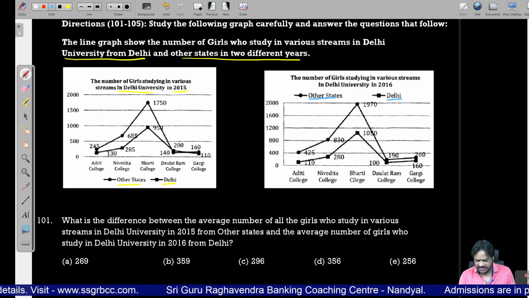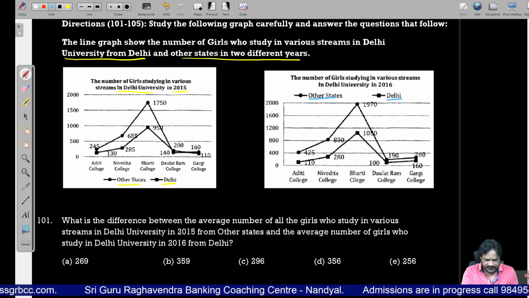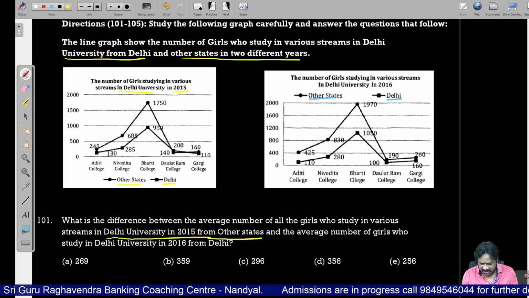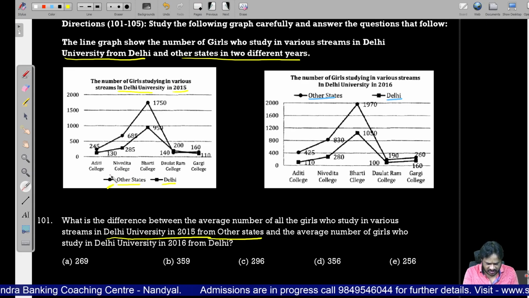What is the difference between the average number of girls who study in various streams in Delhi University in 2015 from other states and in 2016 from Delhi? We have to take other states. Other states means dot values.